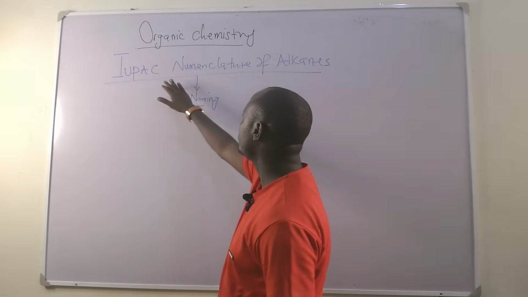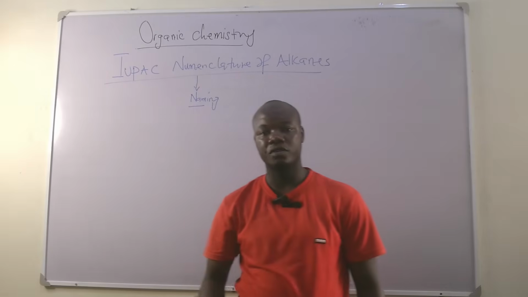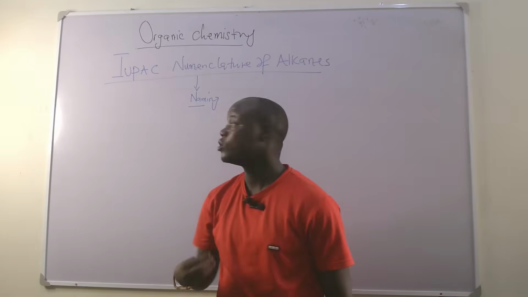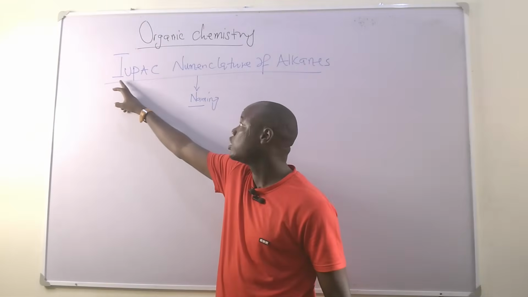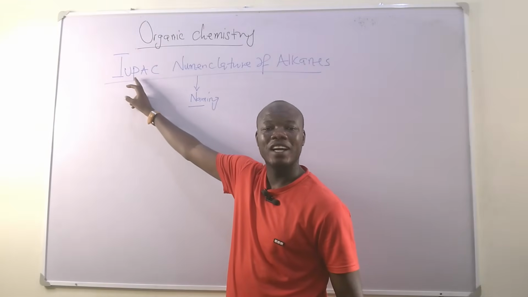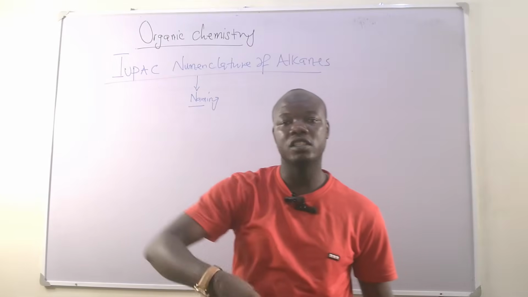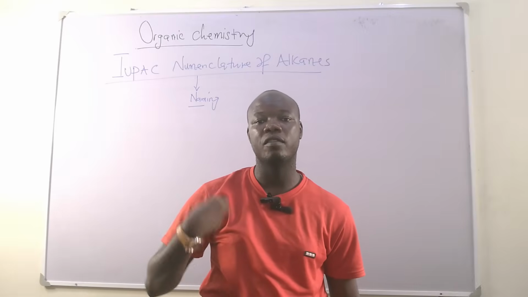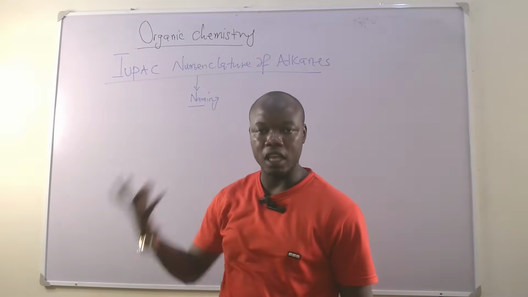So in today's video, we are going to do organic chemistry, specifically IUPAC nomenclature of alkanes. IUPAC stands for International Union of Pure and Applied Chemistry, while the word nomenclature means naming.